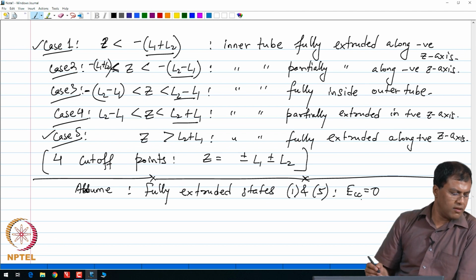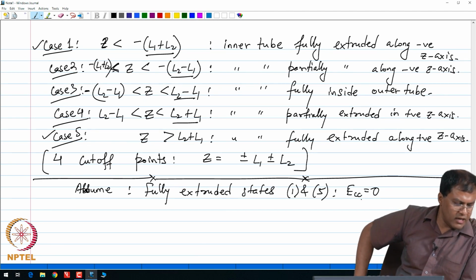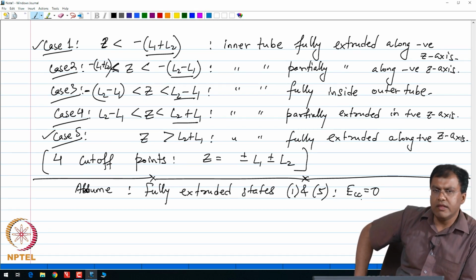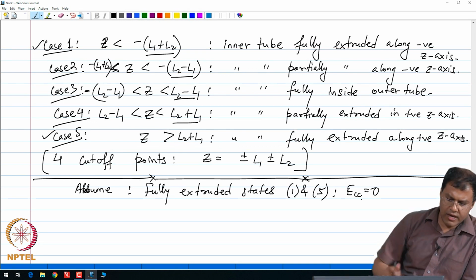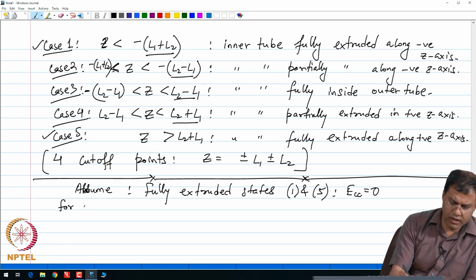And for other states the work done increases by ECC star times the length or the distance that the nanotube travels, right.